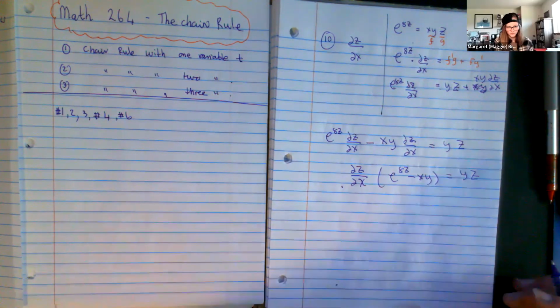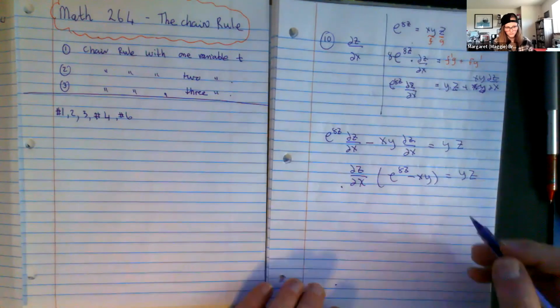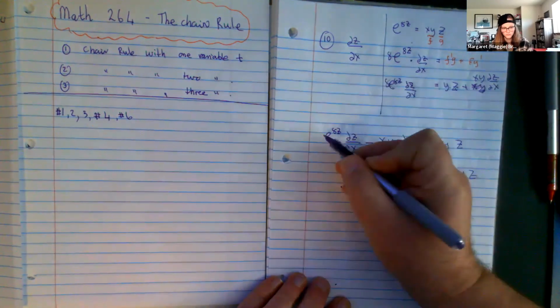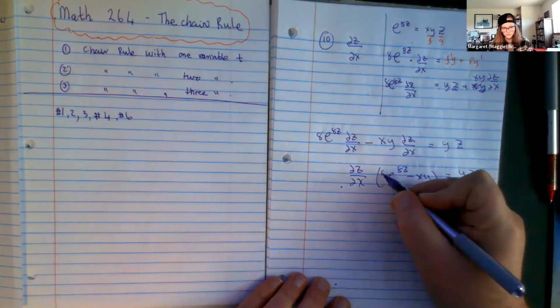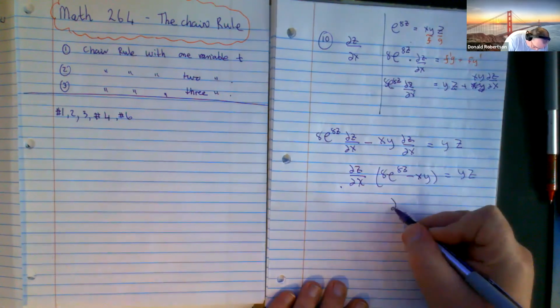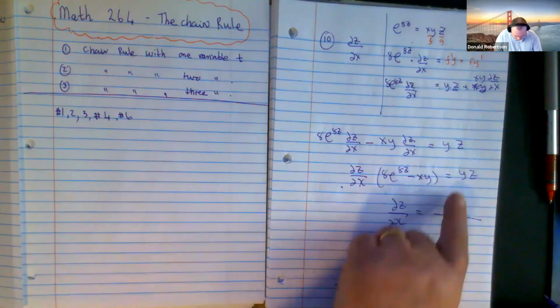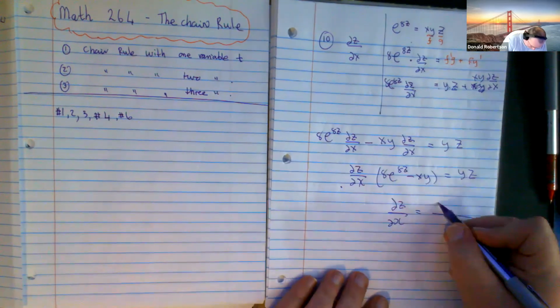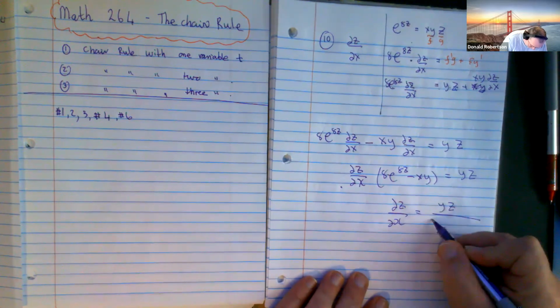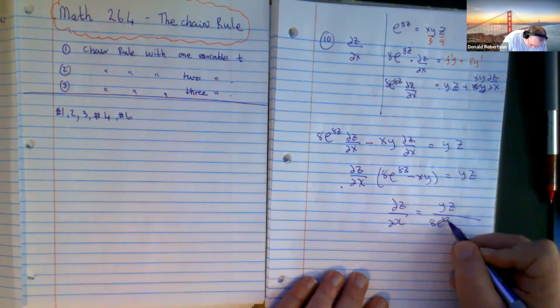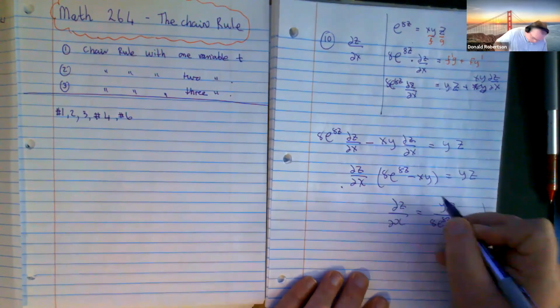You forgot the 8. I forgot the 8. Thank you. So what do you do to find dz by dx? Well, you divide both sides by this. Done.